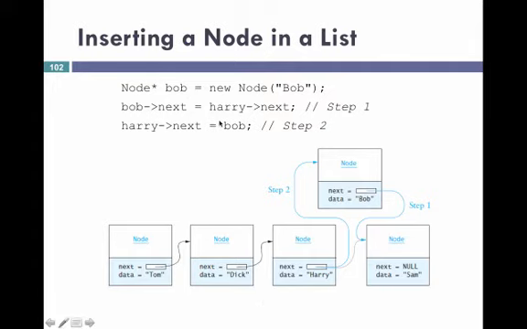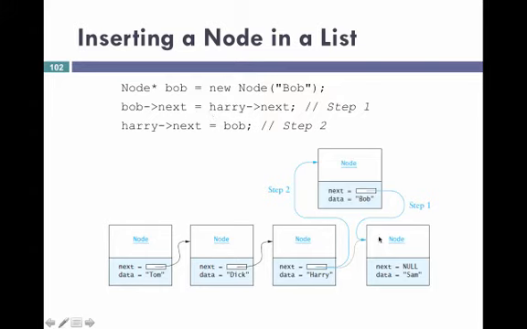Now, to insert a node in the list, this first statement creates the node Bob, and we have a local variable to point to that new node. And then if we want to insert Bob here in the list just before Sam, we'll say Bob arrow next gets set equal to Harry arrow next.